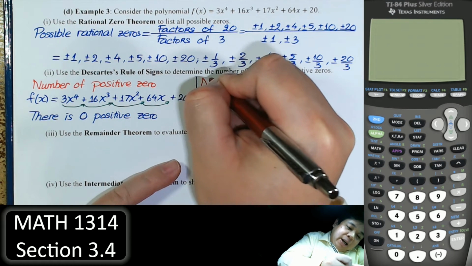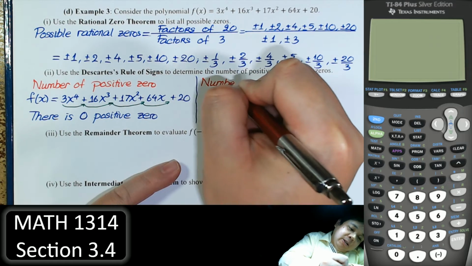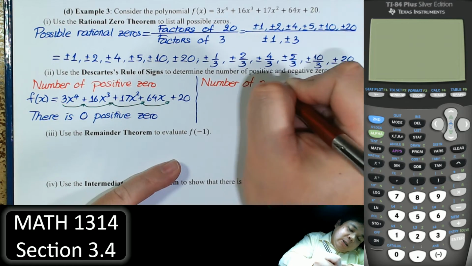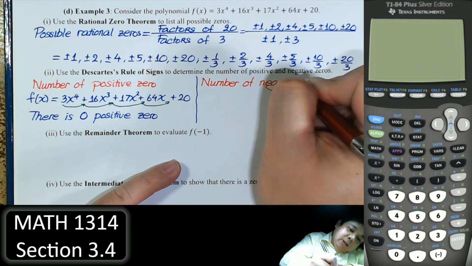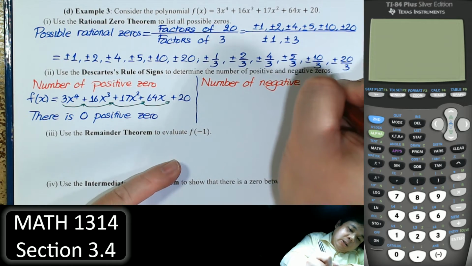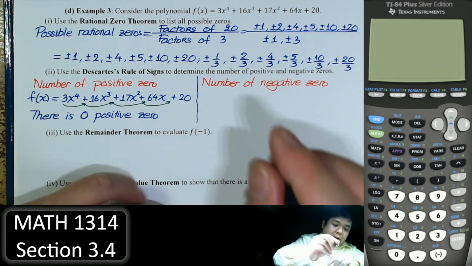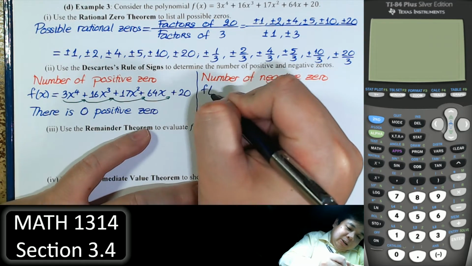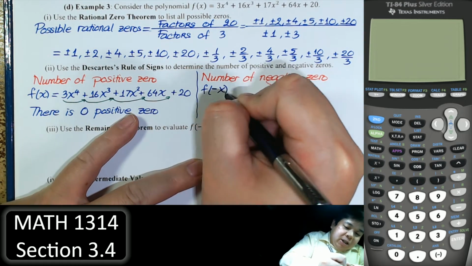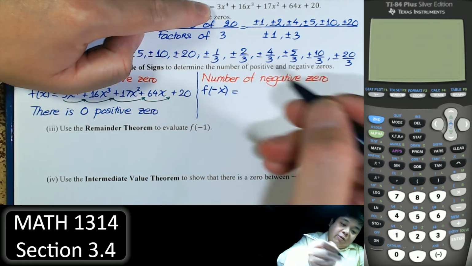Now, number of negative zeros. Just replace negative x for x in that polynomial.